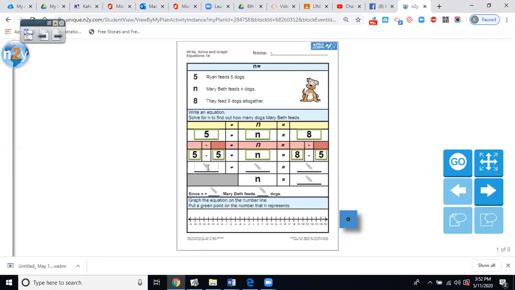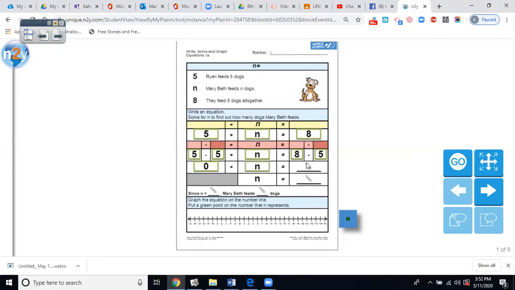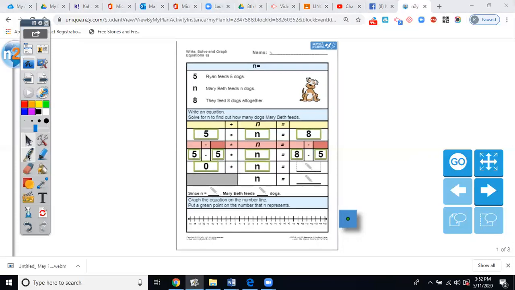Okay, so we'll just go ahead and zero this one out. N, but this is 5 minus 5, so 0 plus n, still don't know how many dogs she feeds. Here we're going to find out. See how this says 8 minus 5?